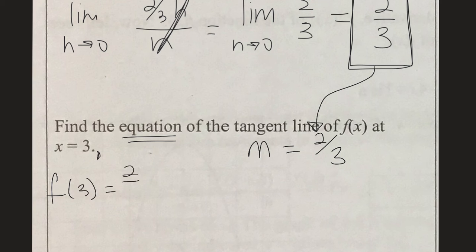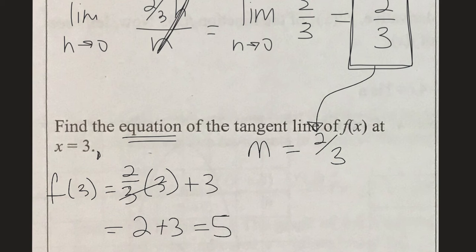Well, the y value is 2/3 of the x value plus 3. 2/3 of 3 is just 2, and 2 plus 3 is 5. So I have a slope of 2/3 and a point of 3 comma 5.